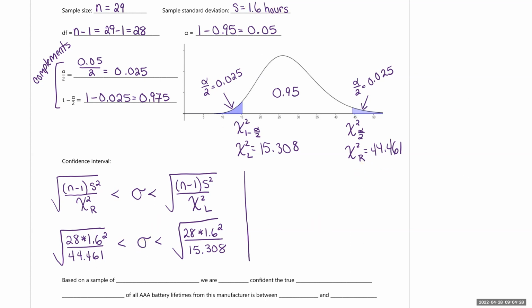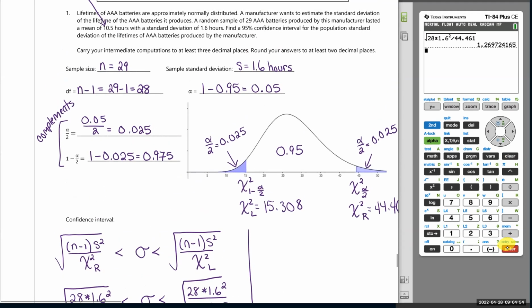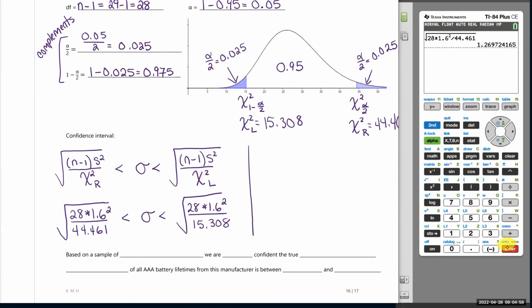Okay, so I'm going to just type that whole thing in at once. So square root of 28 times 1.6 squared divided by 44.461. You want to avoid rounding anything, so just type the whole thing in at once, and then we can follow the rounding directions up at the top here. Round answers to at least 2 decimal places, so we'll go with 2 decimal places.